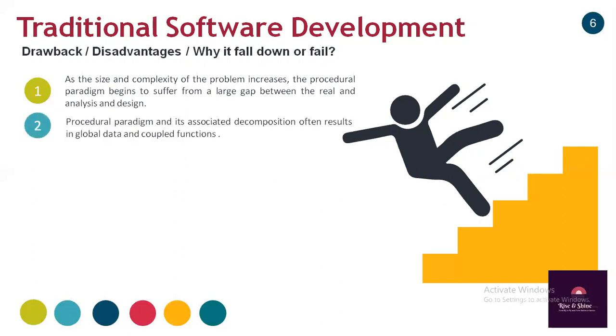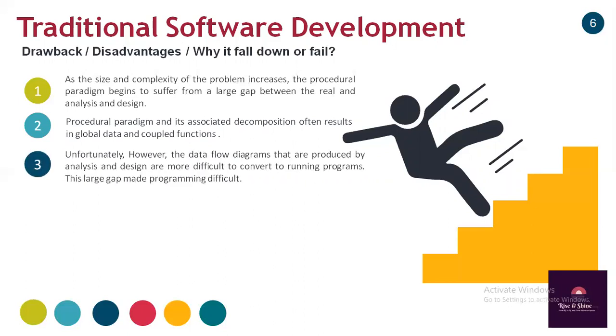Then the procedural paradigm and its associated decomposition often result in global data and coupled functions. Data is global, data is free in this system. It is not bounded with some functions. Functions are coupled with each other, but data is moving freely. So to control the data or maintain the integrity of the system becomes a very hard task.